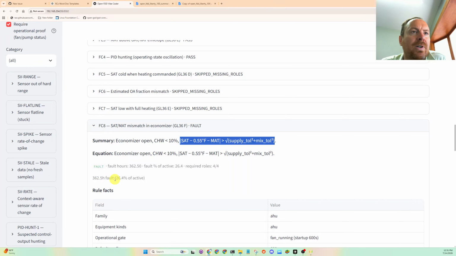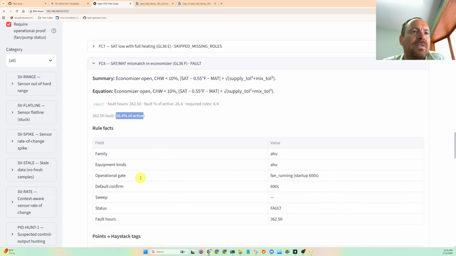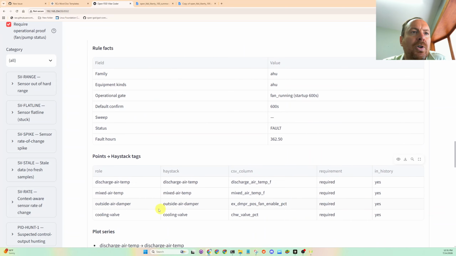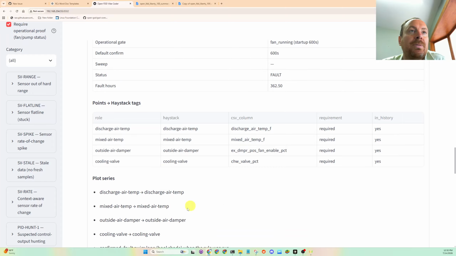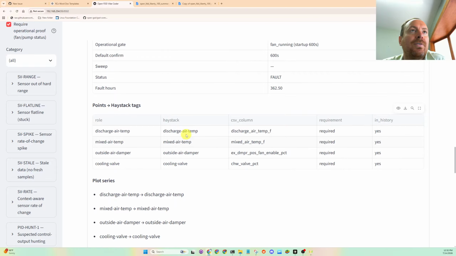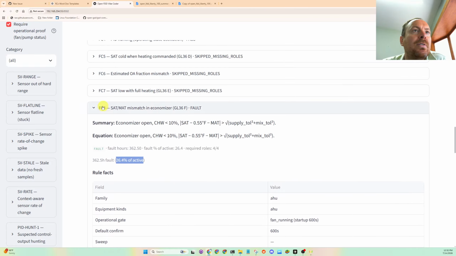And we record 26% of the time that this is in fault. This also shows mapped points through Haystack tags. This is our Haystack tag right here, and this is the raw column name. You'll be able to see this through every fault detection rule.